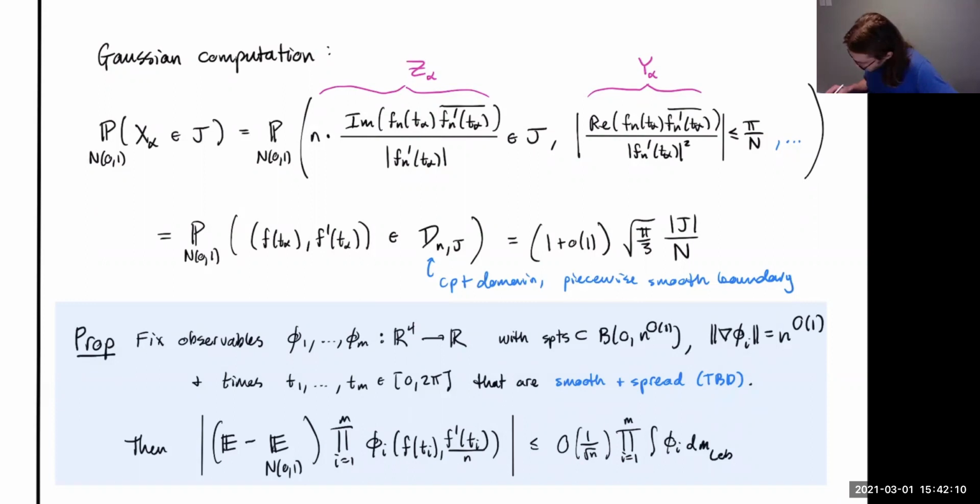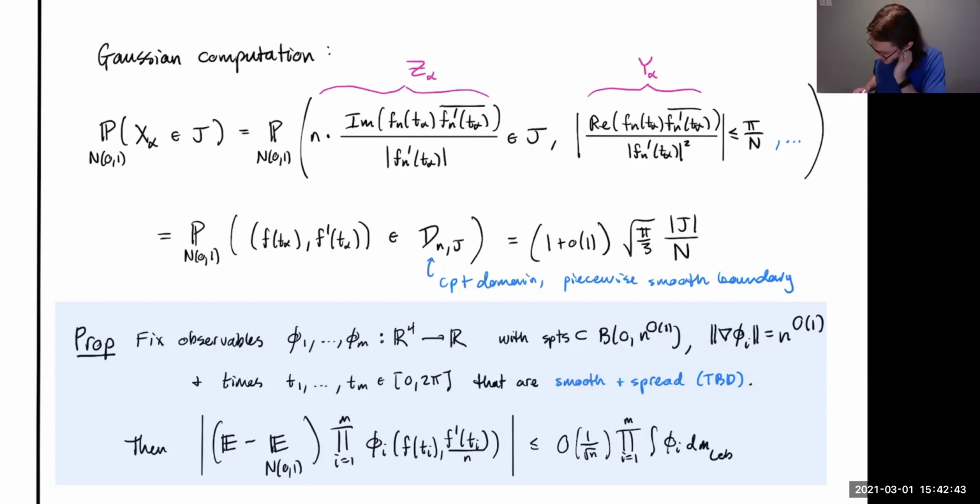These just have to have supports of bounded diameter and polynomial order derivatives, but these can be arbitrary. And assuming that these points are reasonably spread out, so I'm not quantifying this here, but also that they're not too well approximated by rationals of small denominator, then you get a really nice comparison.